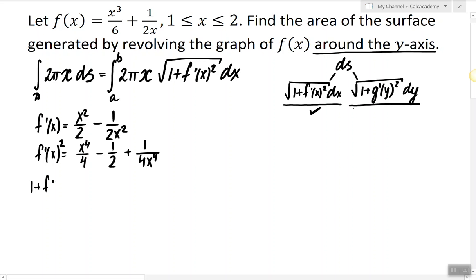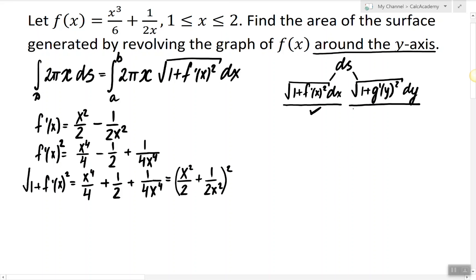Adding 1 to this will have the following effect. Negative 1/2 will just become positive 1/2. And since that was the only change, we now have a perfect square of the sum of these two terms.